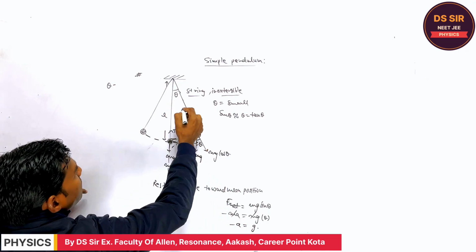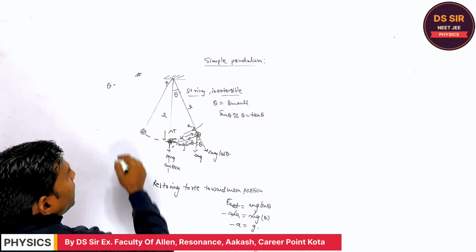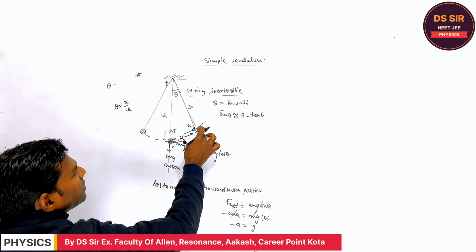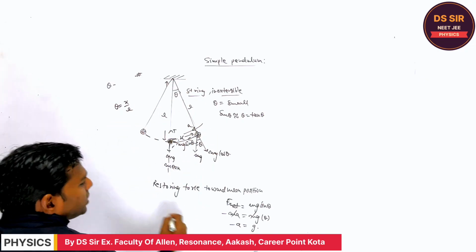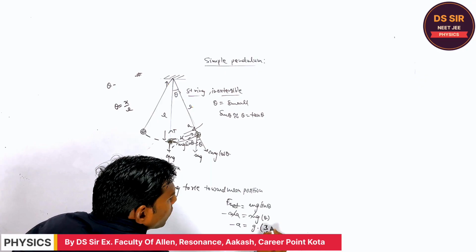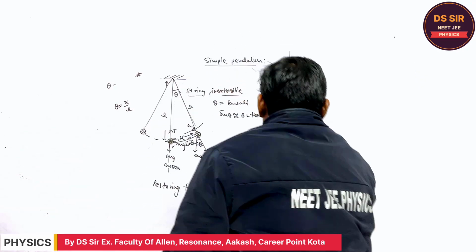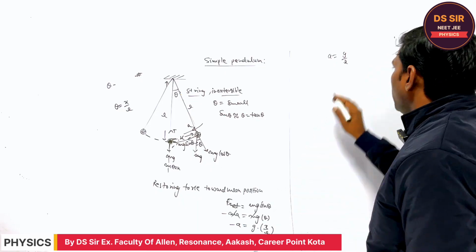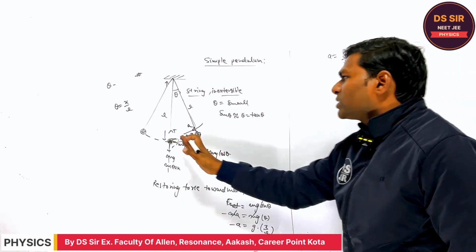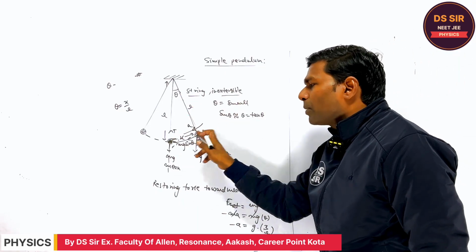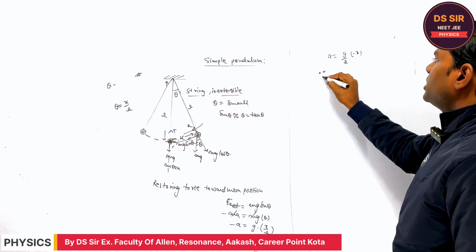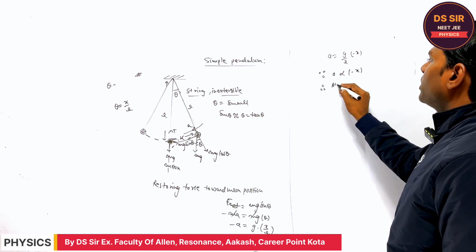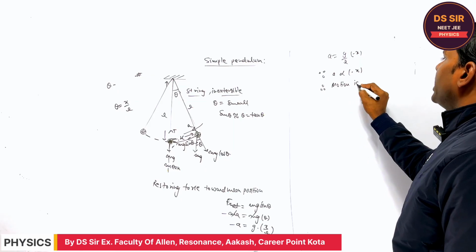What is the angle? If the length of the string is L, the angle is equal to arc upon radius. So what is theta? It is equal to x upon L, right? So here you can write g by L into minus x. So acceleration is proportional to minus x. Since acceleration is proportional to minus x, therefore the motion is SHM.